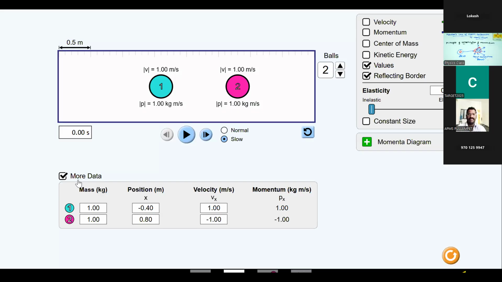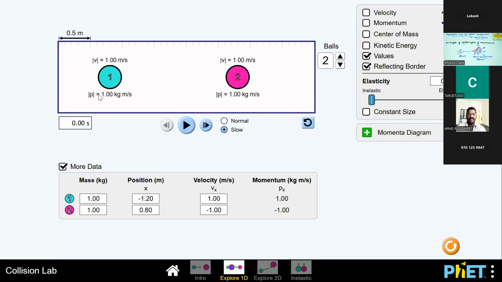So here also, please look at that collision. Here we have two balls with equal masses. The first ball has mass 1 kg and the second ball has mass 1 kg as well. So equal masses, both 1 kg.